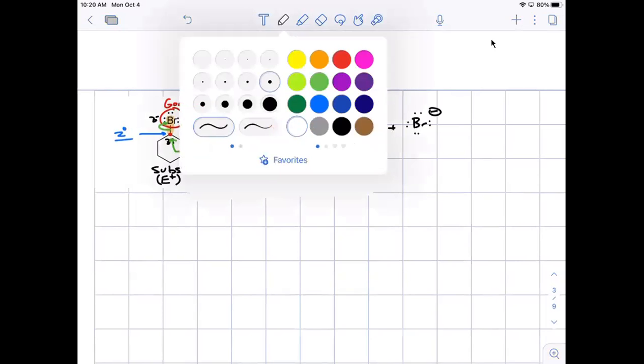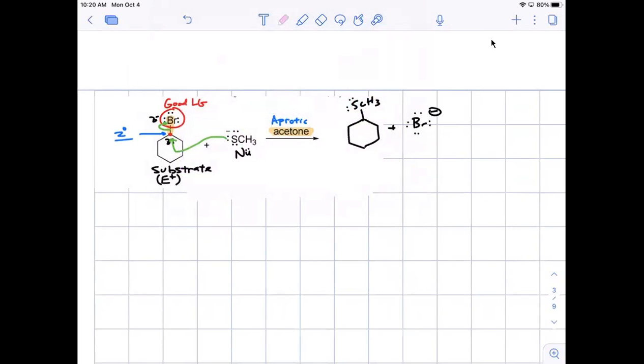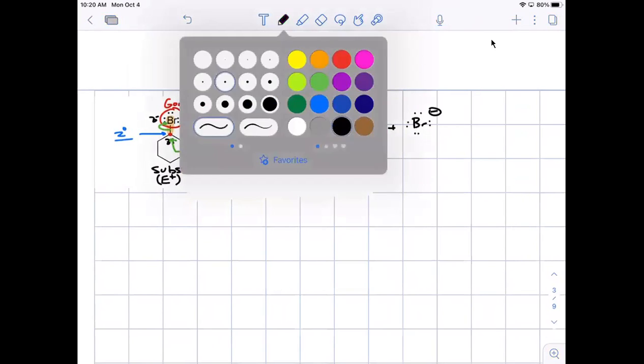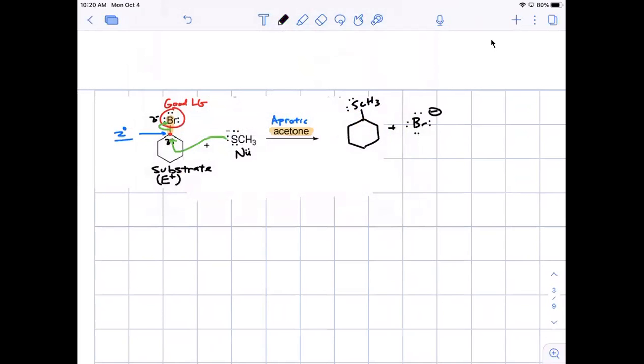So let's talk first about the leaving group. We're going to really just beat this reaction to death and look at every single aspect of it.